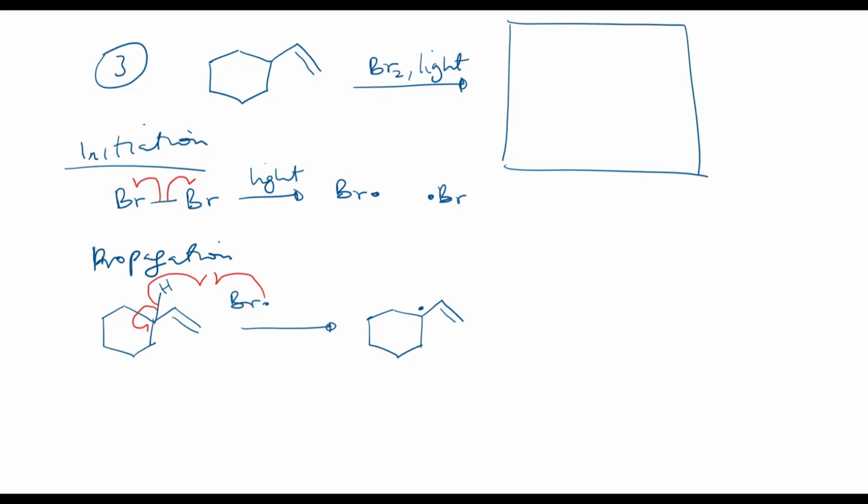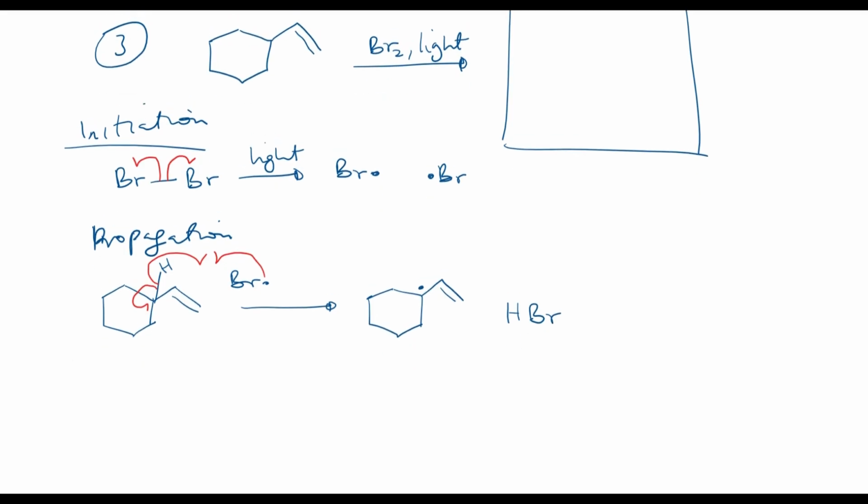The substrate is converted into a radical, and now we have hydrogen bromide. This radical will then react with more bromine reactants and convert that bromine into a radical, and in the process, the product will be formed.